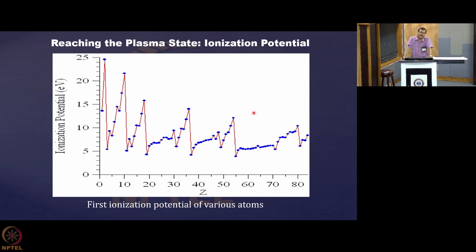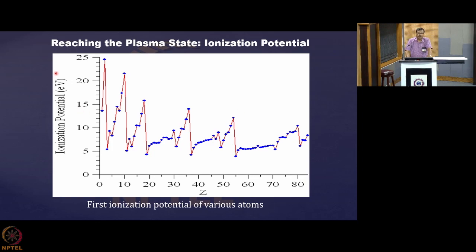As Z increases, the orbits become larger, so the outermost electron is less influenced by the nucleus and can be ionized easily.